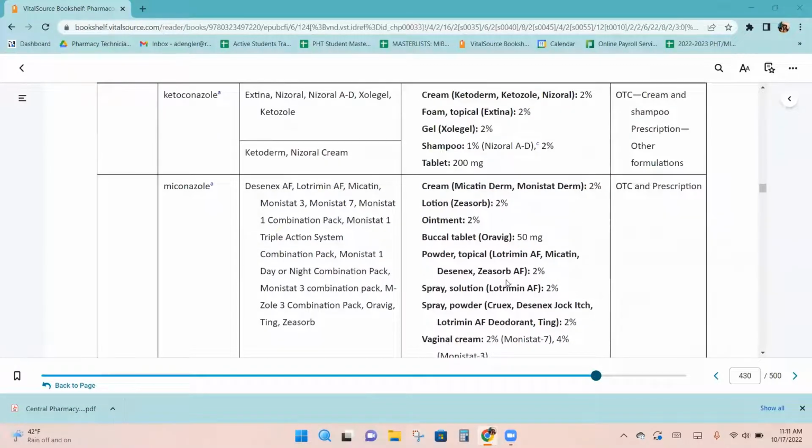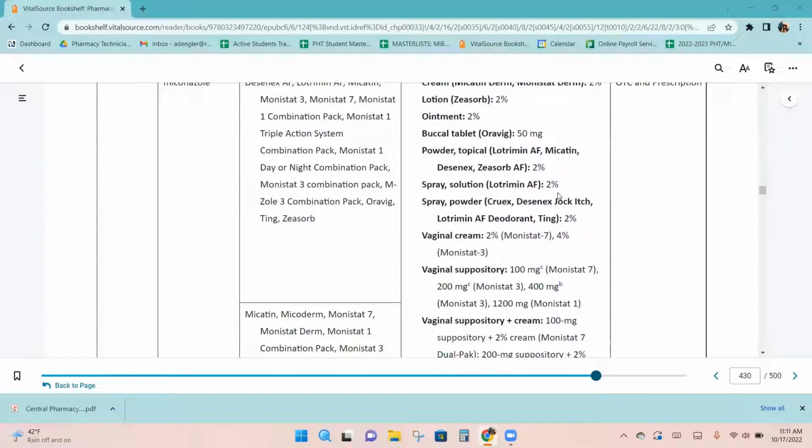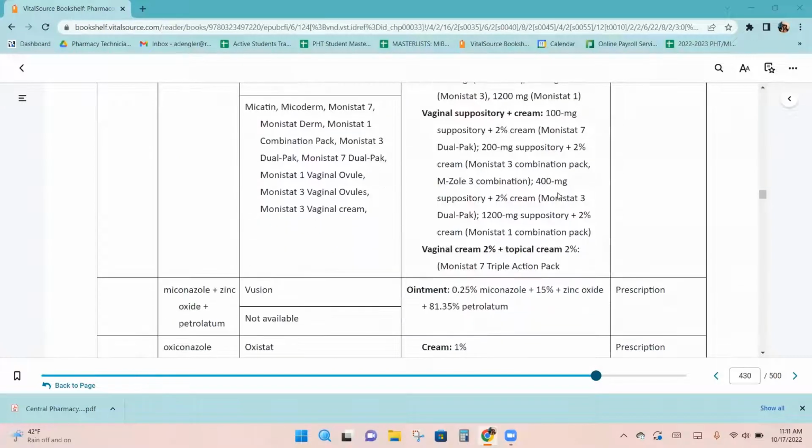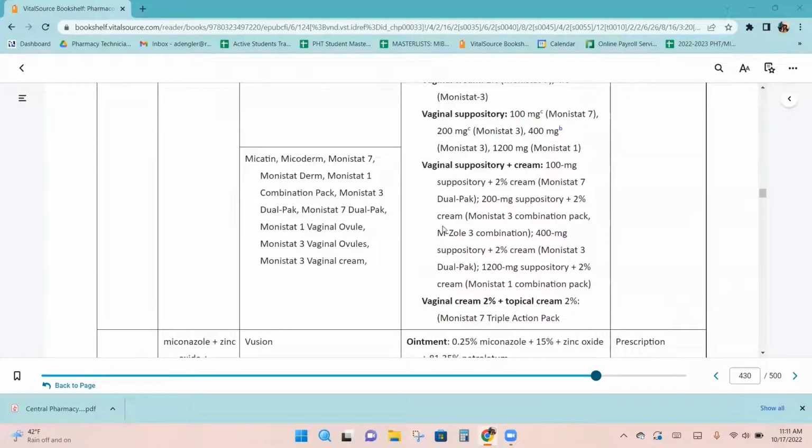So we have a cream, a lotion, we have ointment, we have buccal tablets, we have powder, topical powder, we have sprays, we have powder sprays, we have vaginal cream, we have vaginal suppositories, and we have vaginal suppository and cream. Those come in the monostack, like dual pack or combo pack.